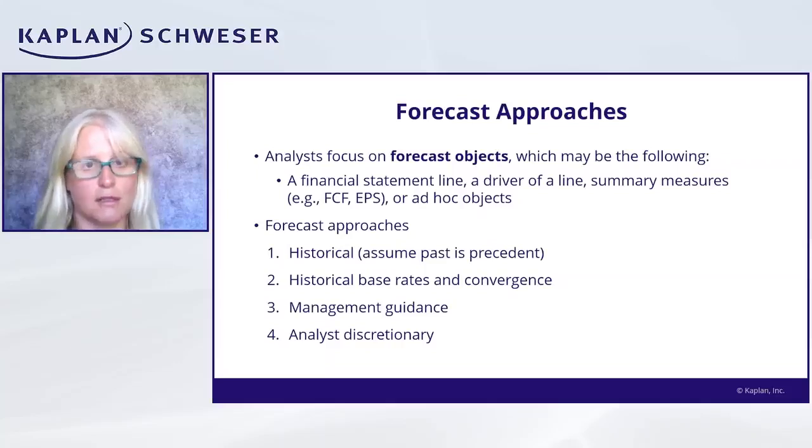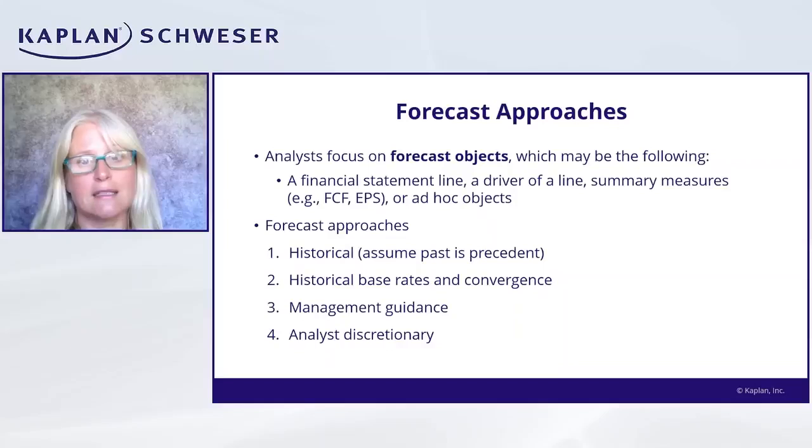Okay, so your four forecast approaches: you can take the historical approach and assume that perhaps growth levels or margins will stay as they have been. Or you can build in convergence. Convergence is the idea that everything, even growth industries, will converge towards a more reasonable average mature industry growth rate.